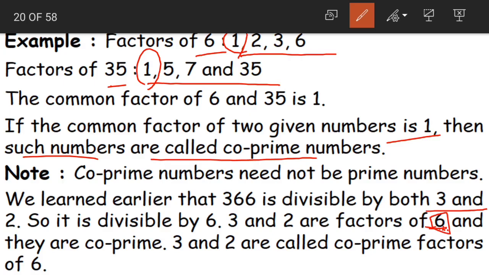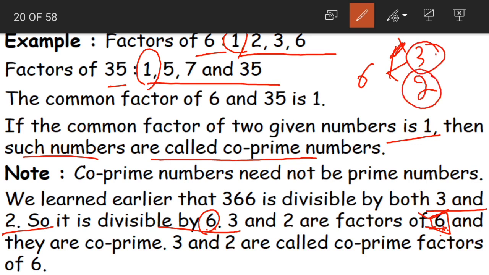If a number is divisible by both 3 and 2, then it is divisible by 6. Yes, and what are the factors of 6? 3 and 2 are the factors of 6. Yes, 1 is also a factor. But apart from 1, what are we talking about here? 3 and 2 are the factors of 6. And these two are co-primes.